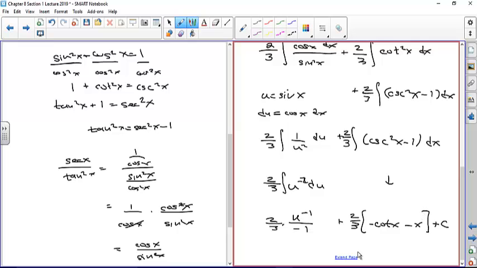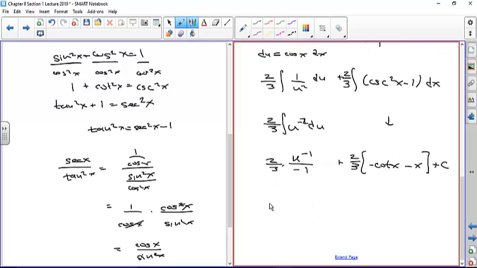And then you'd add your arbitrary constant c, and finally you'd plug u back in, and u was the sine of x. So this negative comes here. If I put the sine of x to the minus 1 power, it's the same as 1 over the sine of x. Then I have 2/3 times negative the cotangent of x minus x plus c.